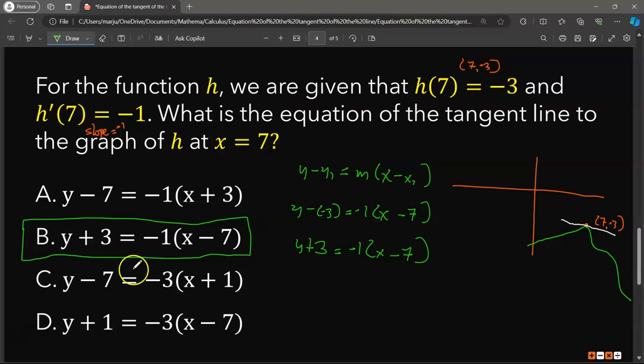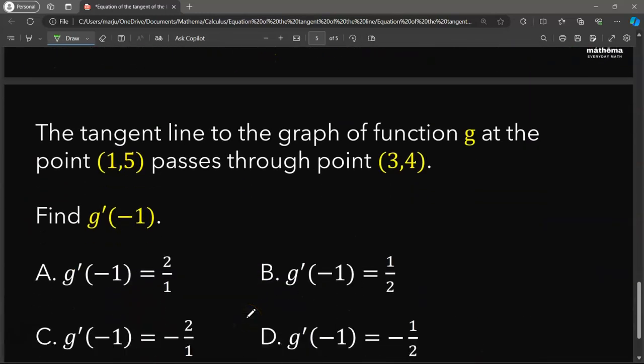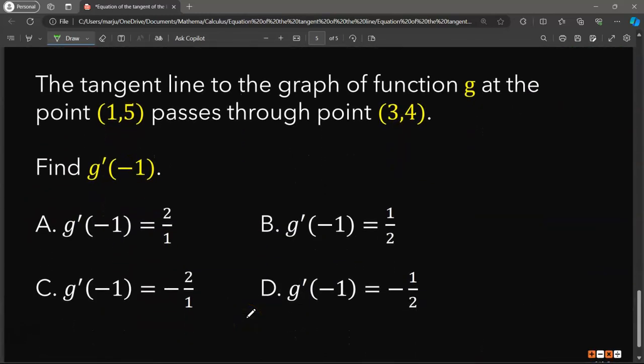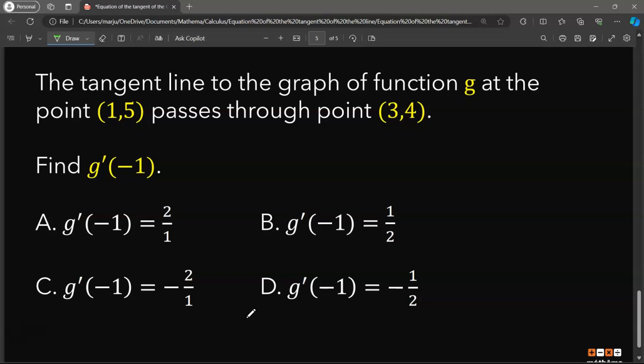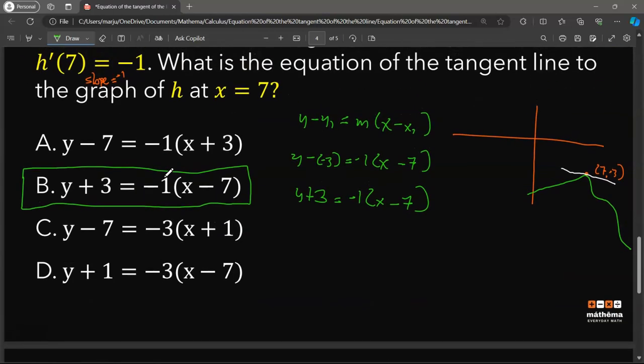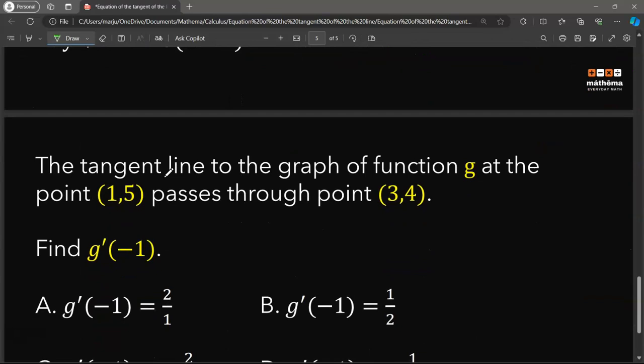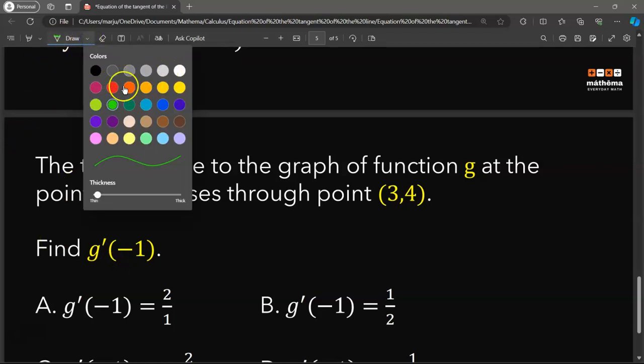And then let's have the last one. The tangent line to the graph of the function g at the point 1, 5 passes through point 3, 4. Again, we are asked to find the slope. The slope that appears in the problem is actually a typo.